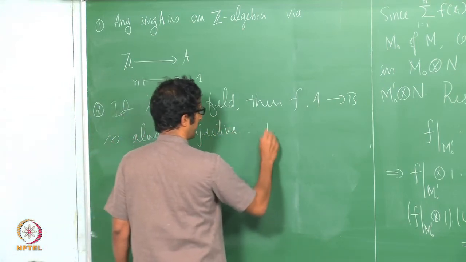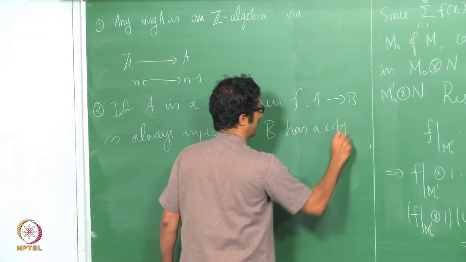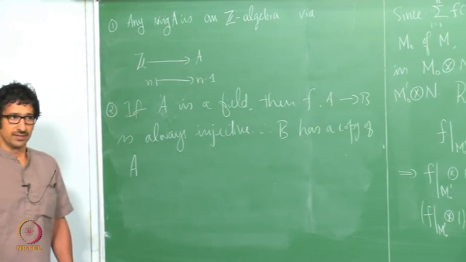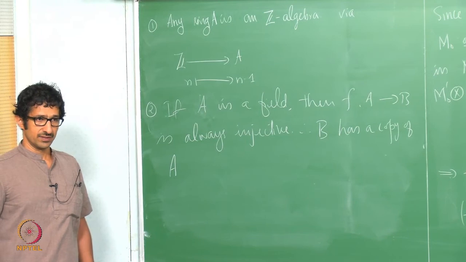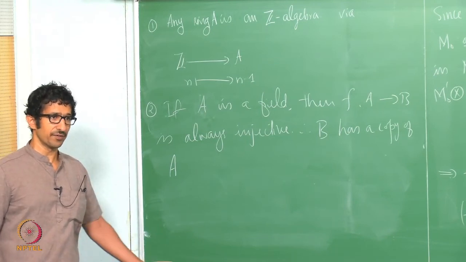Therefore, B has a copy of A. Any K algebra will contain a copy of K itself.